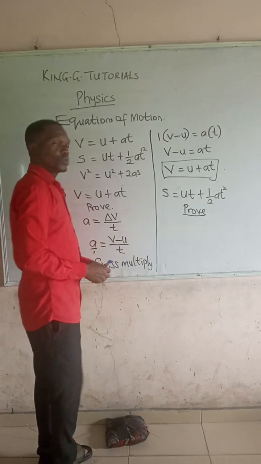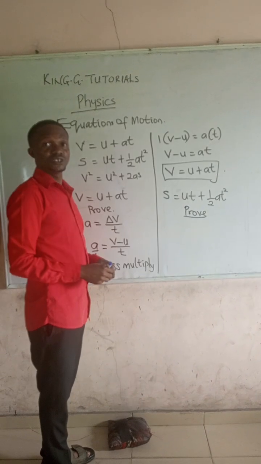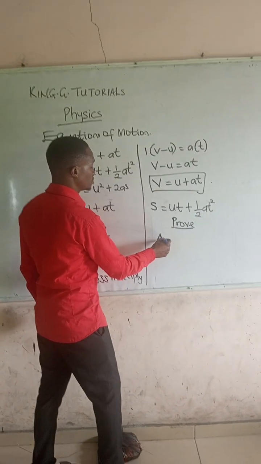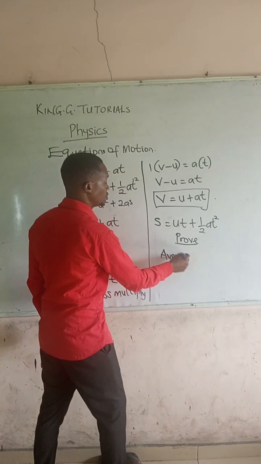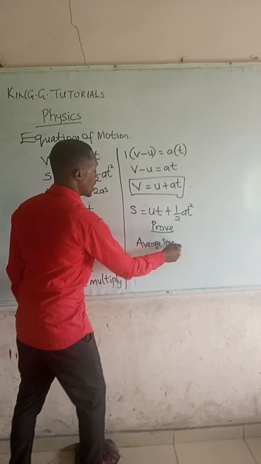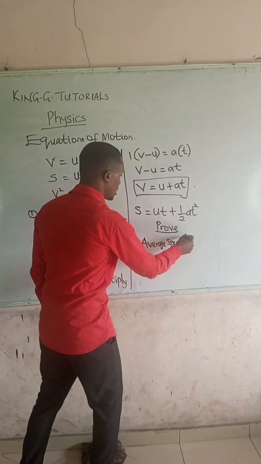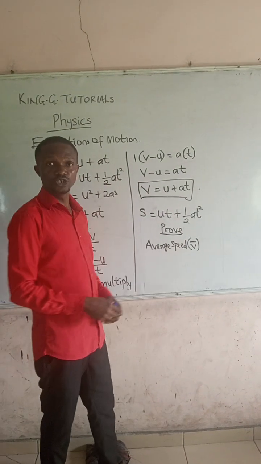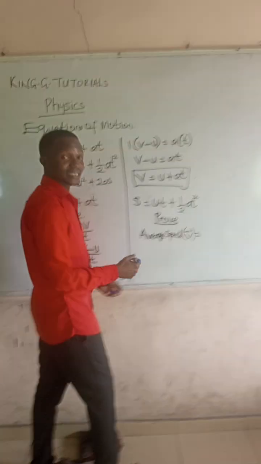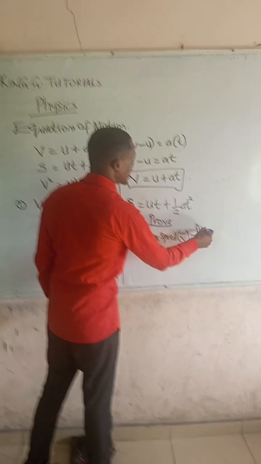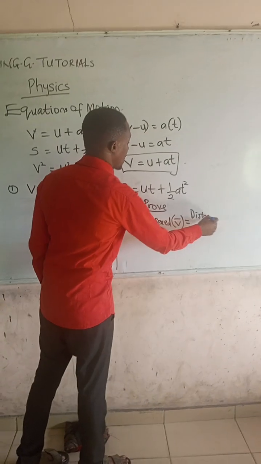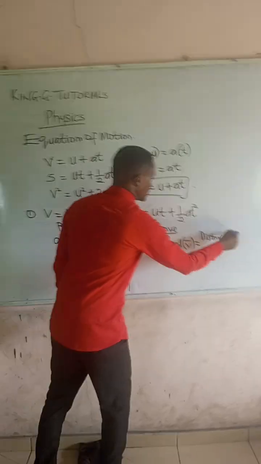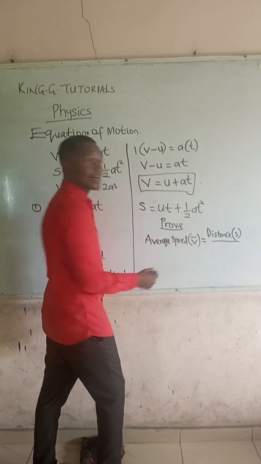To prove this, we know that average speed, I will use letter V to show that, is equal to distance covered. I'll use letter S for distance, all over time.